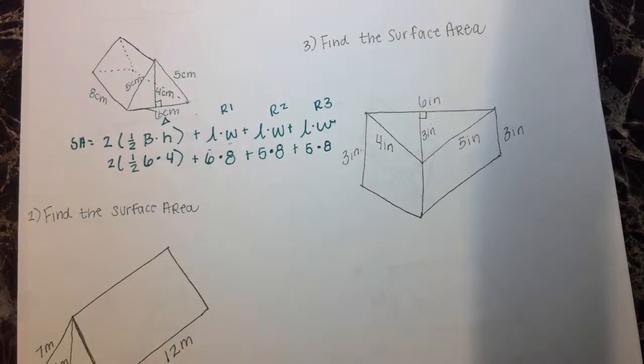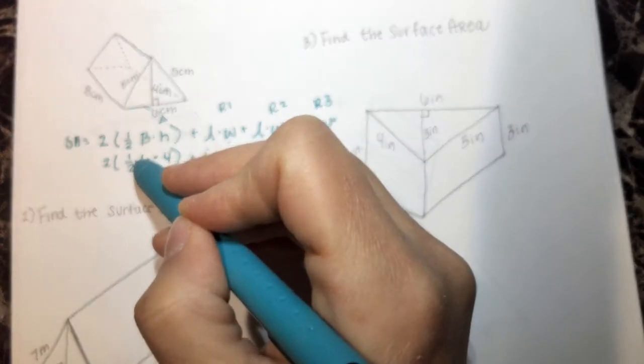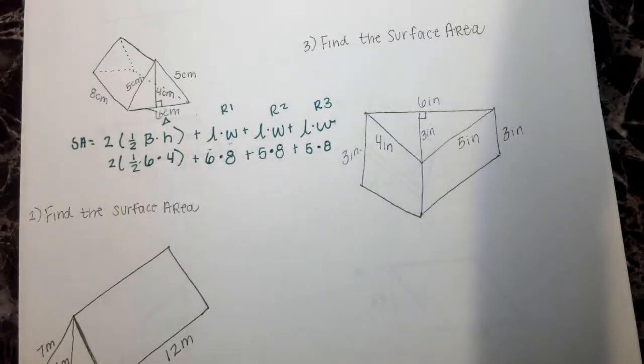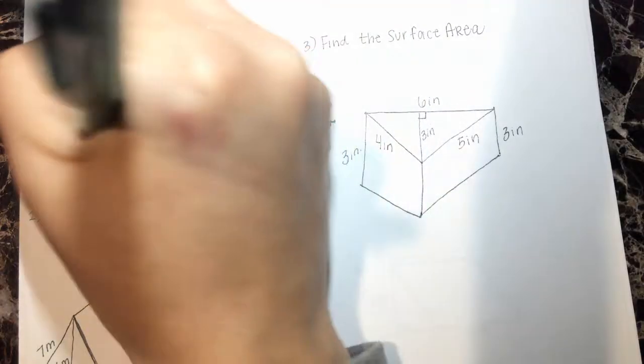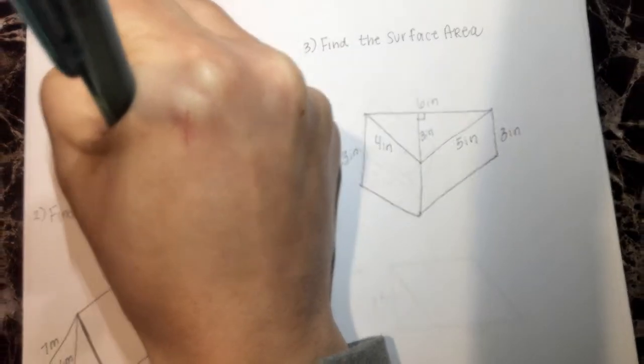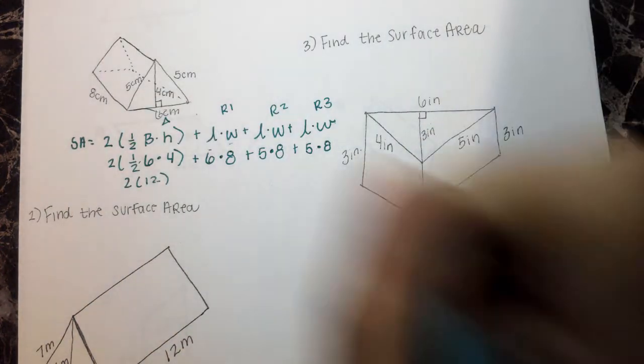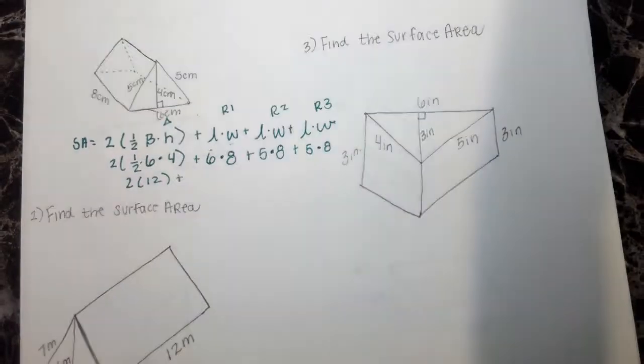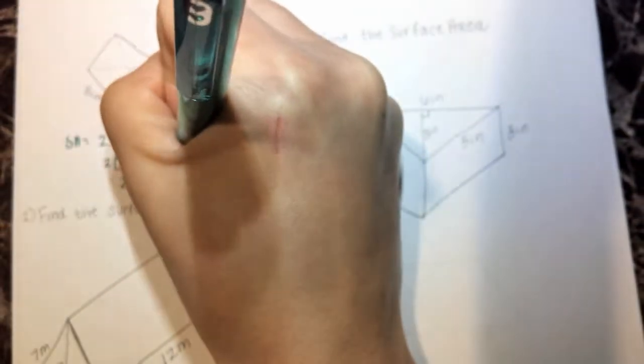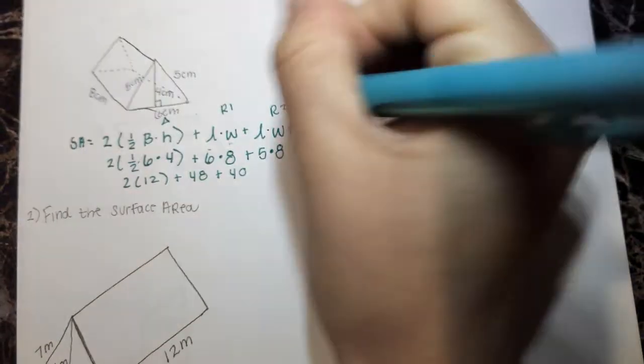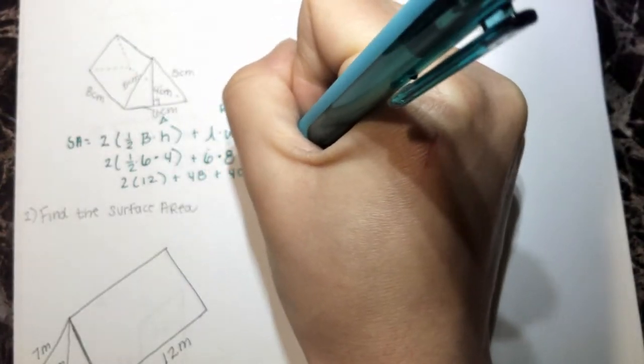So I would start with my triangle maybe. 1/2 times 6 times 4 would be 12, so it would be 2 times 12 plus 6 times 8, you would get 48, plus 5 times 8, you would get 40, plus 5 times 8, you would still get 40.